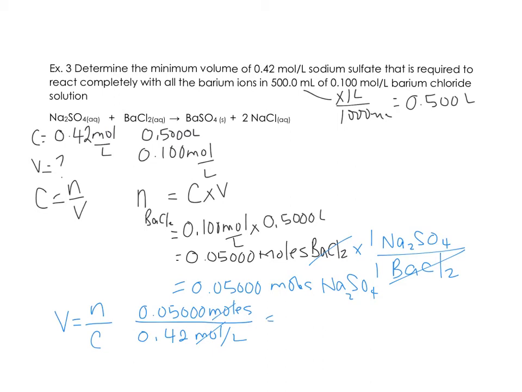And this quantity is equal to 0.119 liters. If we round that off to two significant digits and multiply it by 1,000 to get milliliters, this is going to be equal to 120 milliliters.